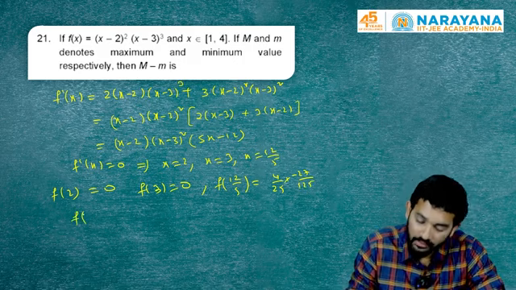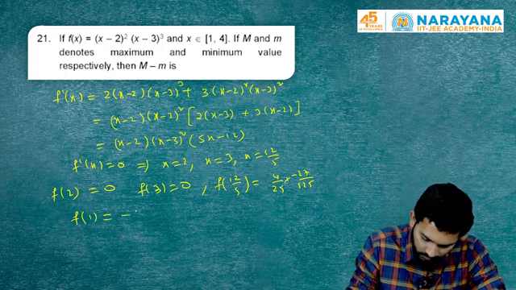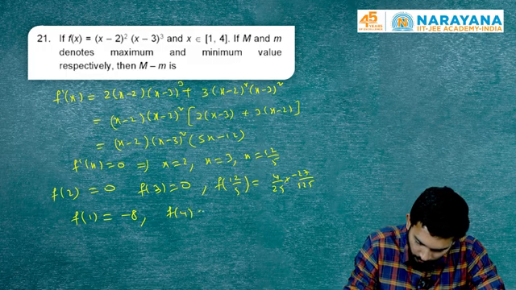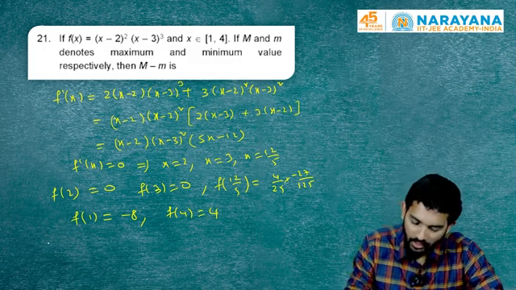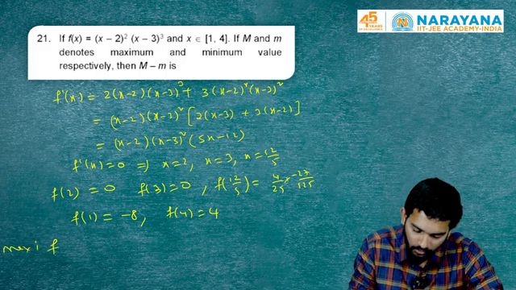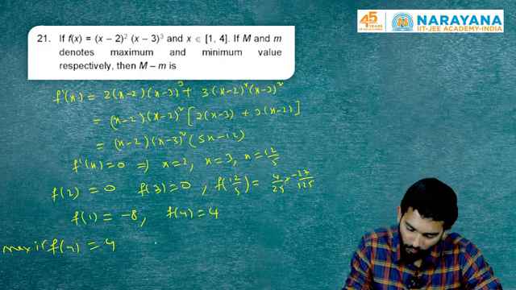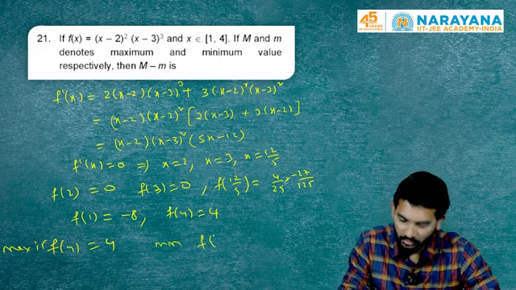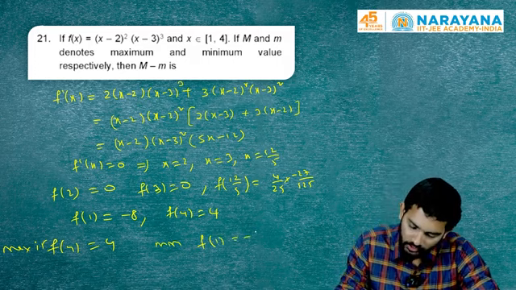And the functional values at the end points, as I said earlier: f of 1 is minus 8 and f of 4 is 4. So among these values, the maximum is f of 4, that is 4, and the minimum is f of 1, which occurs at an end point. f of 1 is equal to minus 8.